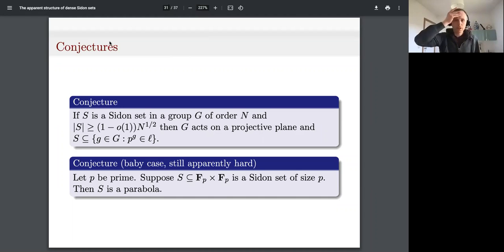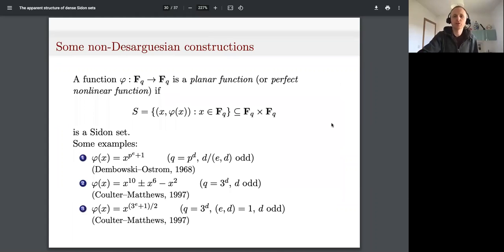Yes. I didn't mention that, but that's certainly true. In these examples, I'm taking S to be the graph of a function phi. The group G is F_q cross F_q, and the size of the set S is exactly q, because x is allowed to range over the whole x-axis. So these have size exactly the square root of the size of the group.